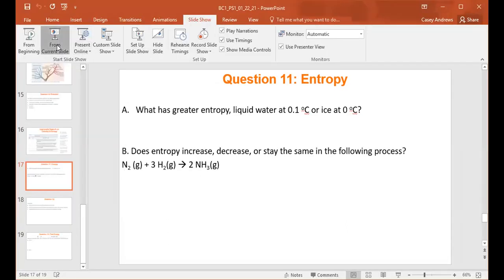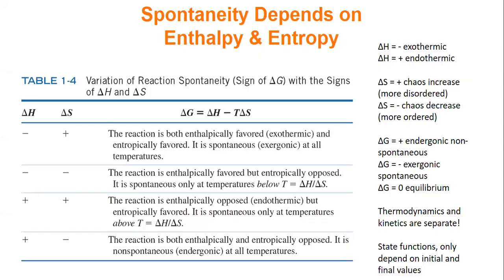So we left off, once I get this booted up, talking about energy, enthalpy, and entropy. And we went through delta H, delta S, and delta G. And we talked about how thermodynamics and kinetics are separate.